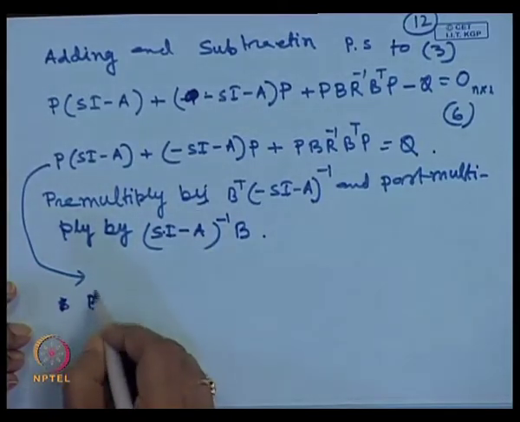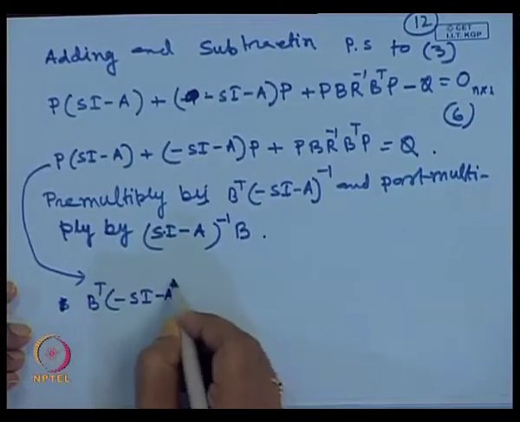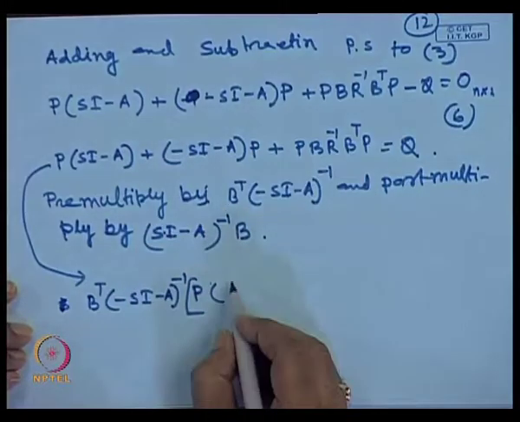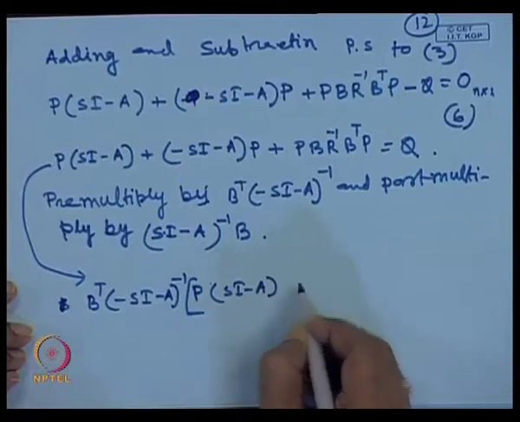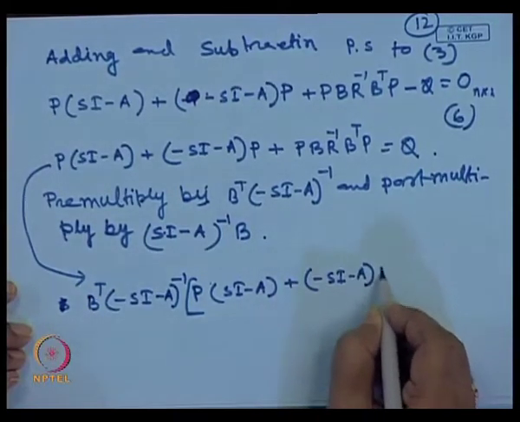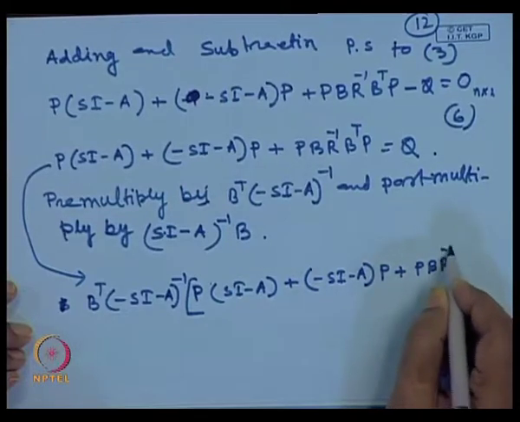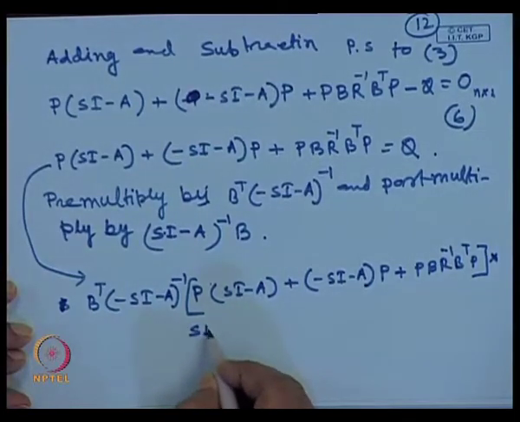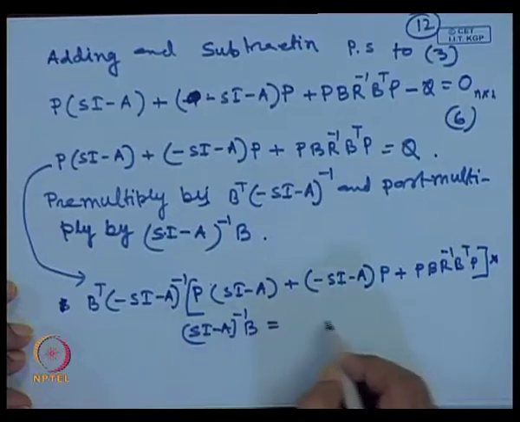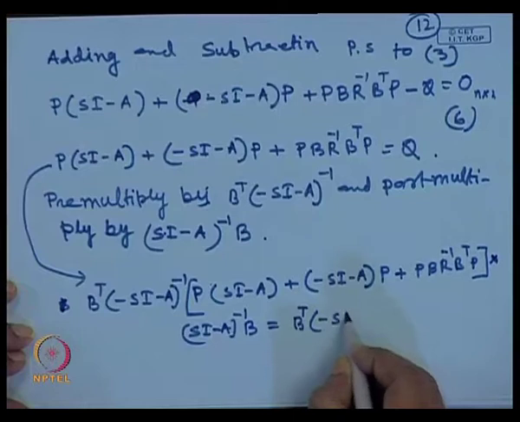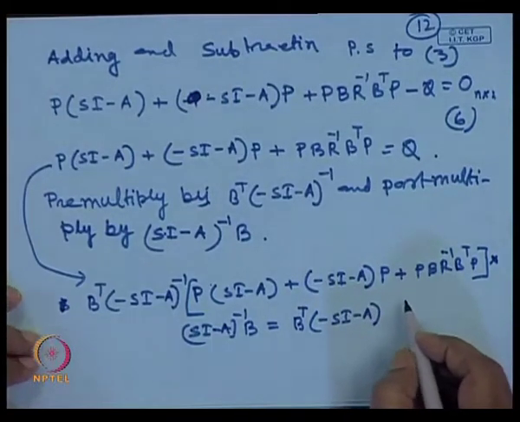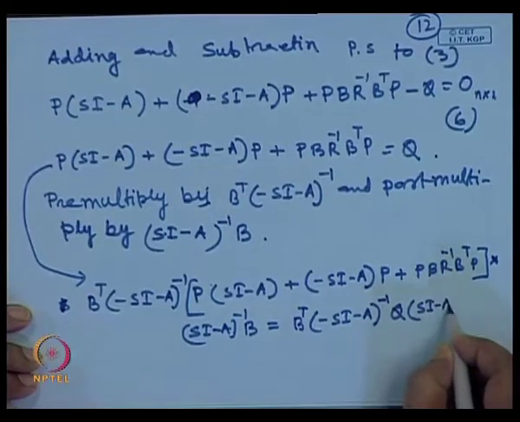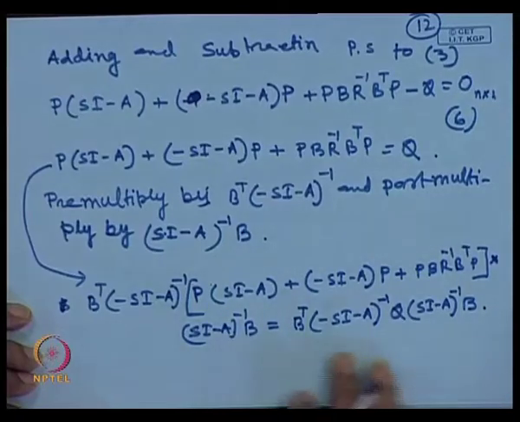That is B transpose minus (sI minus A) whole inverse P into that expression I am writing now: (sI minus A) plus minus (sI minus A) P plus P B R inverse B transpose P, then post-multiplied by (sI minus A) whole inverse B, is equal to B transpose (sI minus A) inverse Q, then (sI minus A) whole inverse B. So, I multiplied both sides by this one.